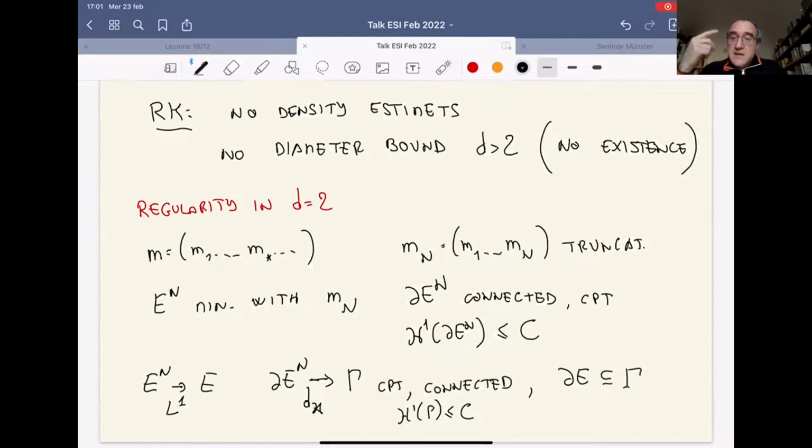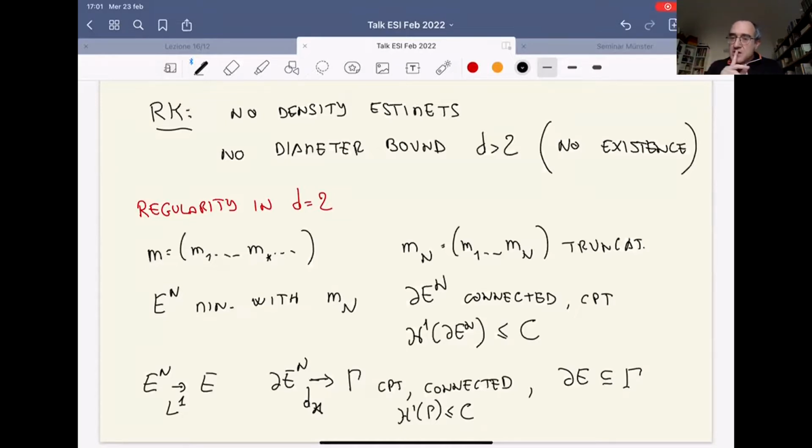So as a consequence, in dimension 2, you have a very weak minimal regularity. You know that the measure theoretic boundary is rectifiable with bounded H1 measure. It's not a lot, but it's not very bad, for example it's not a positive measure boundary. But apart from that, we don't know much.